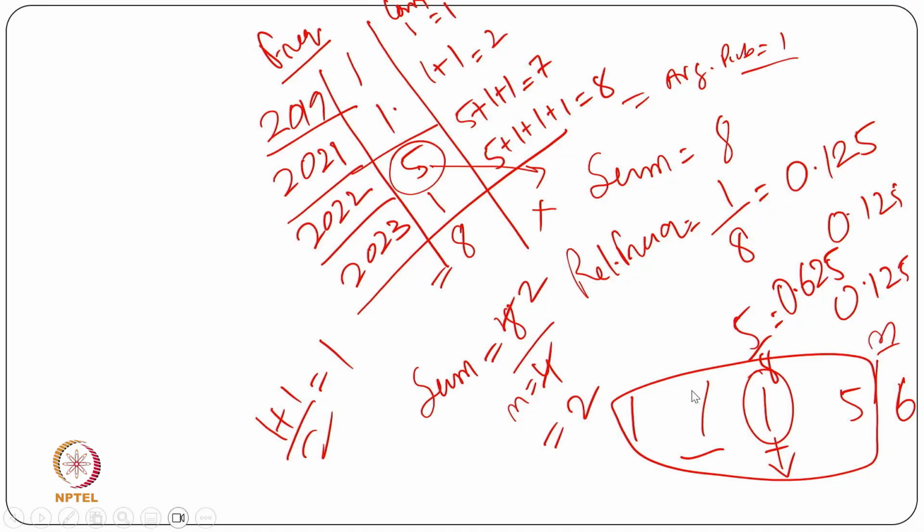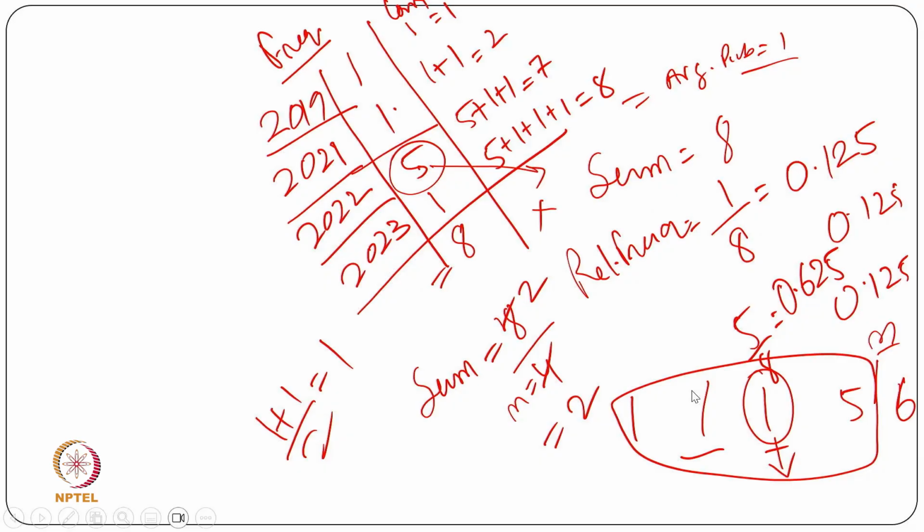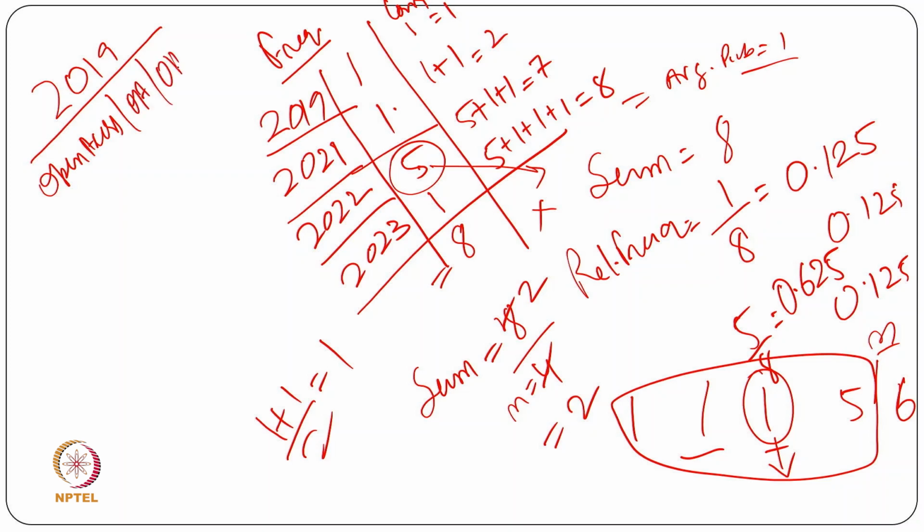Mode is a measure of central tendency which is used for counting the number of occurrences of categorical data. Say for example in 2019 someone has published 5 publications, and out of these 5 publications 3 are open access and the other 2 are closed access.